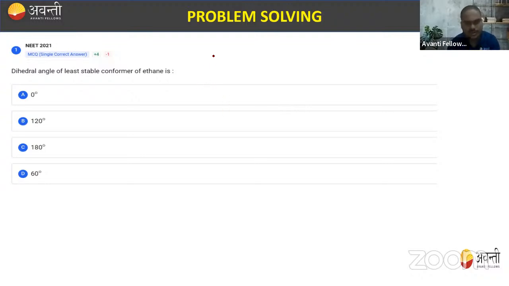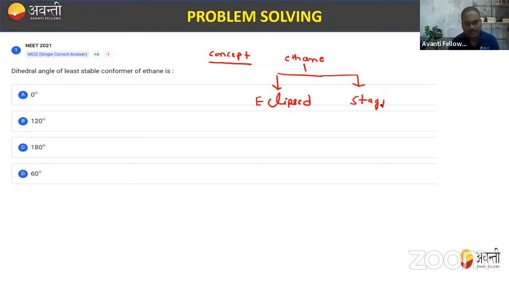So first of all, you need to know there is a concept behind this. So let me explain the basic concept, right? So you all know that ethane having two conformations. ठीक है, so ethane having two conformations, one is known as eclipsed, and another one is known as staggered.